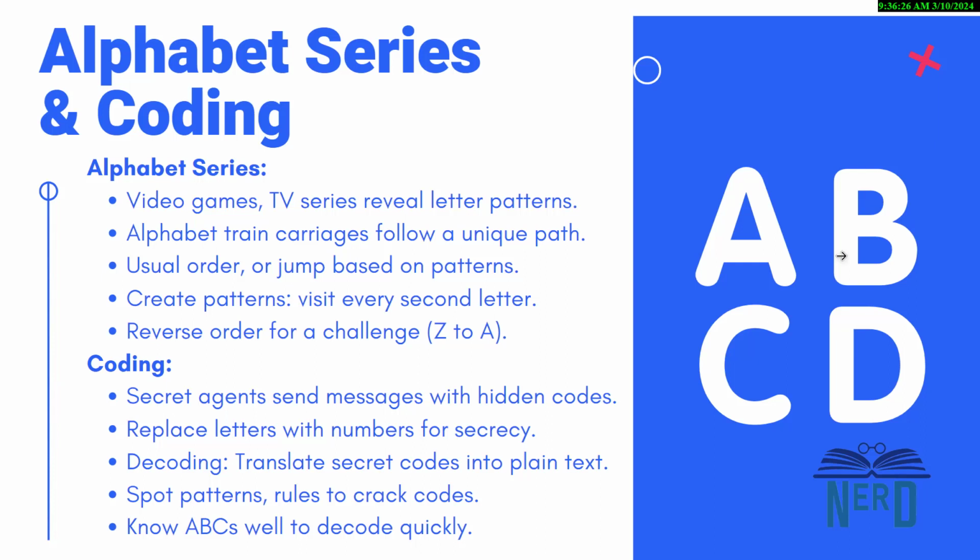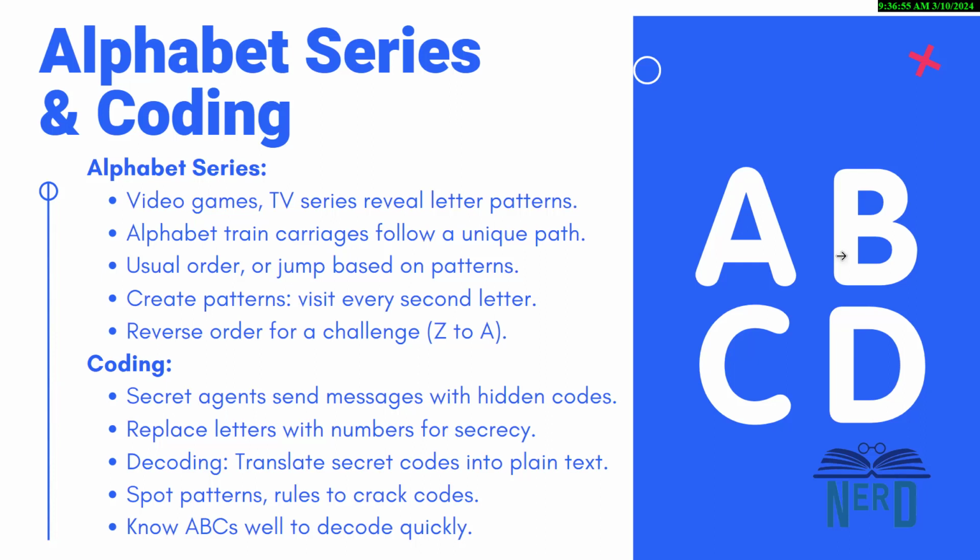This coding and decoding thing is a bit more chill and fun. Imagine you're a secret agent and you have a secret message that you need to send to your fellow agent without the bad guys knowing what you're saying. That's where coding comes into play. You come up with a secret code, like replacing each letter with another letter or maybe a number. Only you and your buddy know what the code means.